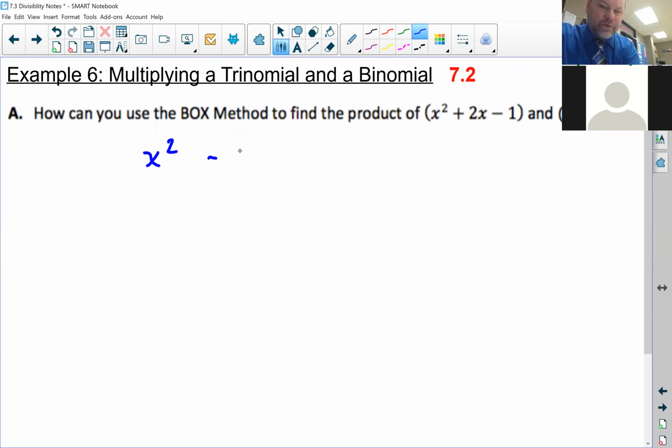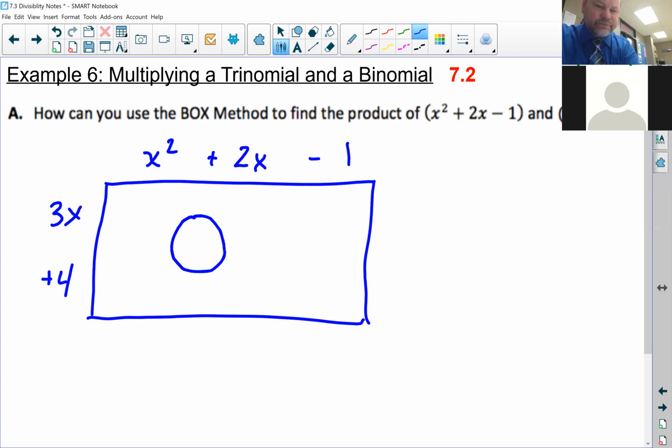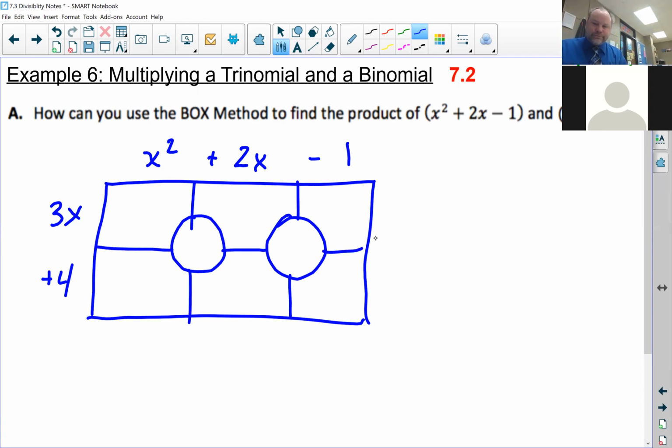But for a trinomial times a binomial, I think the box method works really slick. I always put my trinomial on the top and my binomial down the left-hand side. It just makes it a little bit easier to deal with.